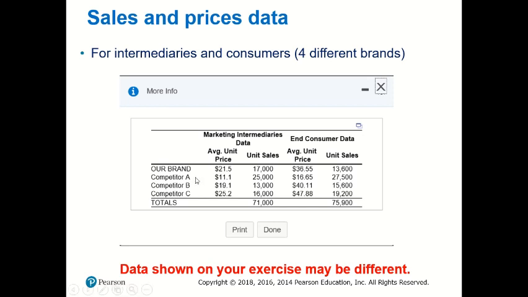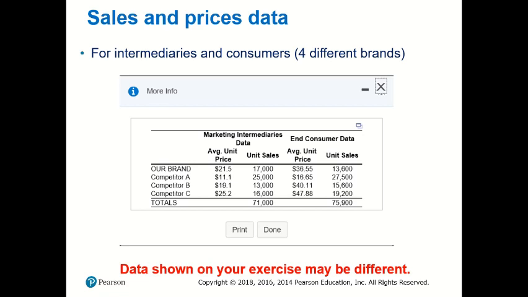And in the same way, you have similar data for competitor A, for competitor B, and competitor C: how much they sell to intermediaries, and how much those intermediaries sell of their brands, right?